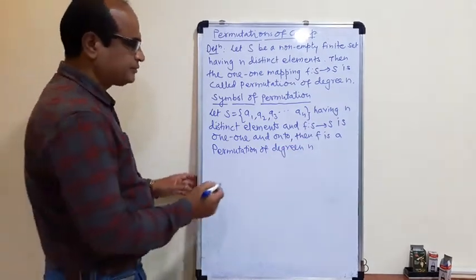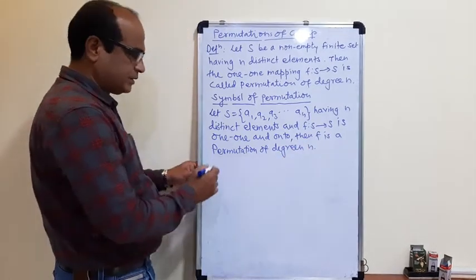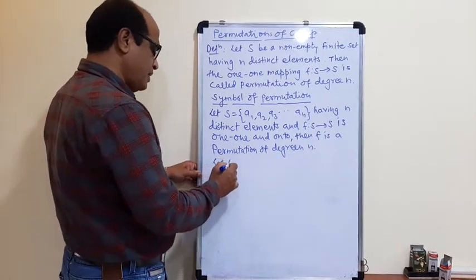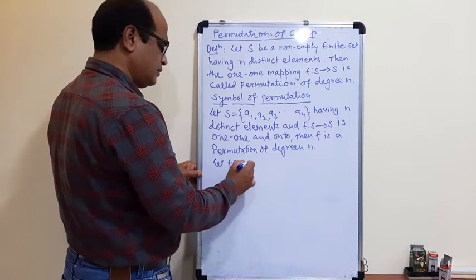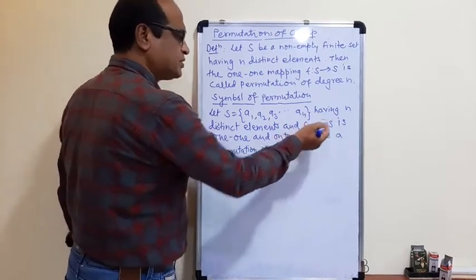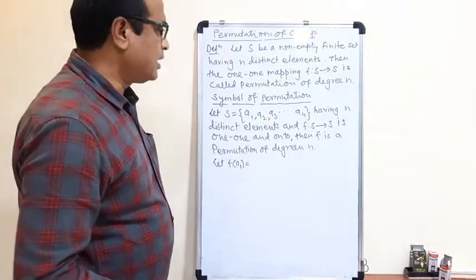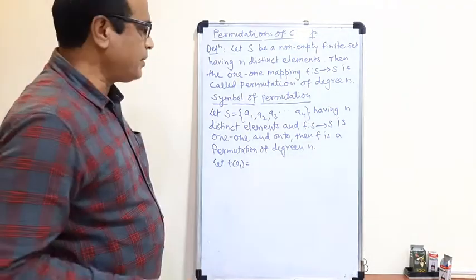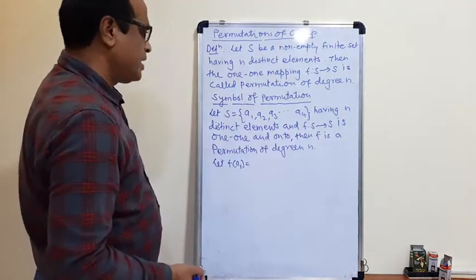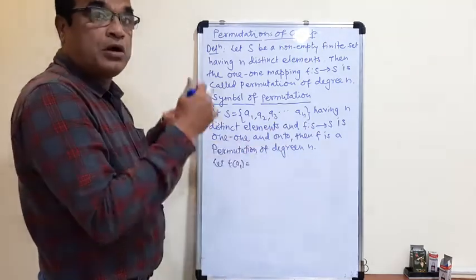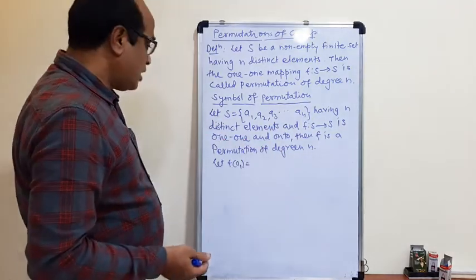So F is a function from S to S. S is a finite set of n distinct elements, and F is a one-to-one and onto mapping.